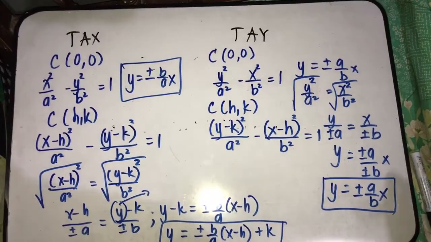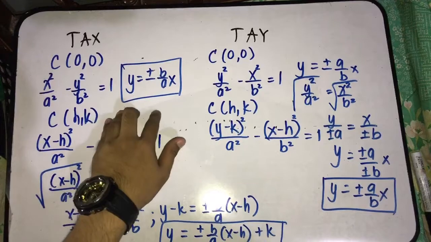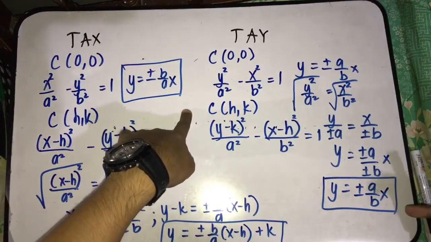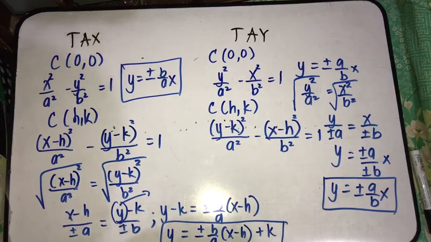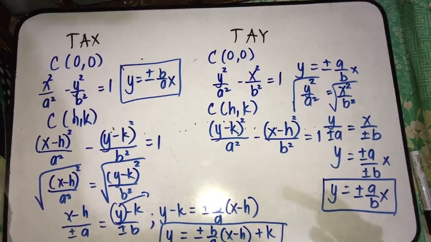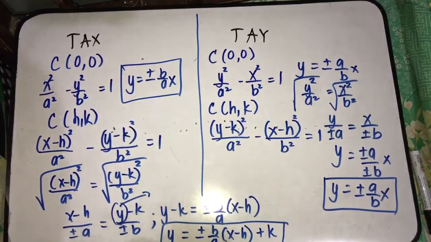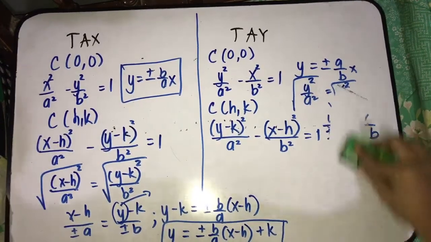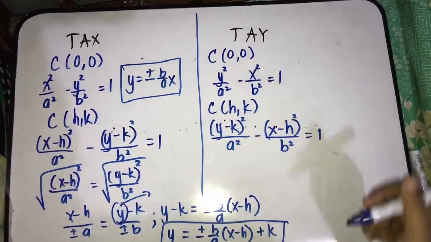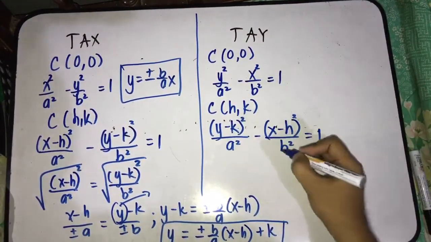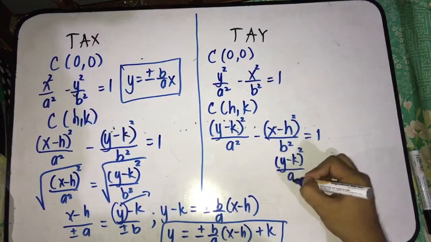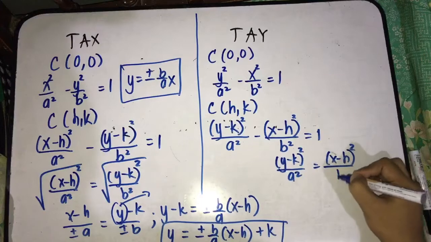And for the equation of the asymptotes for the transverse axis vertical, therefore we will now be having (y minus k) quantity squared over a squared is equal to (x minus h) quantity squared over b squared.